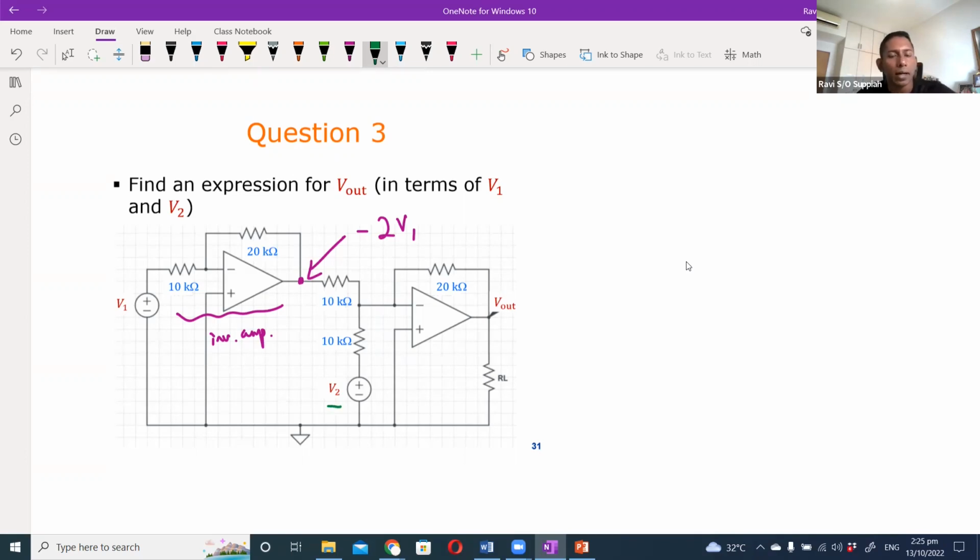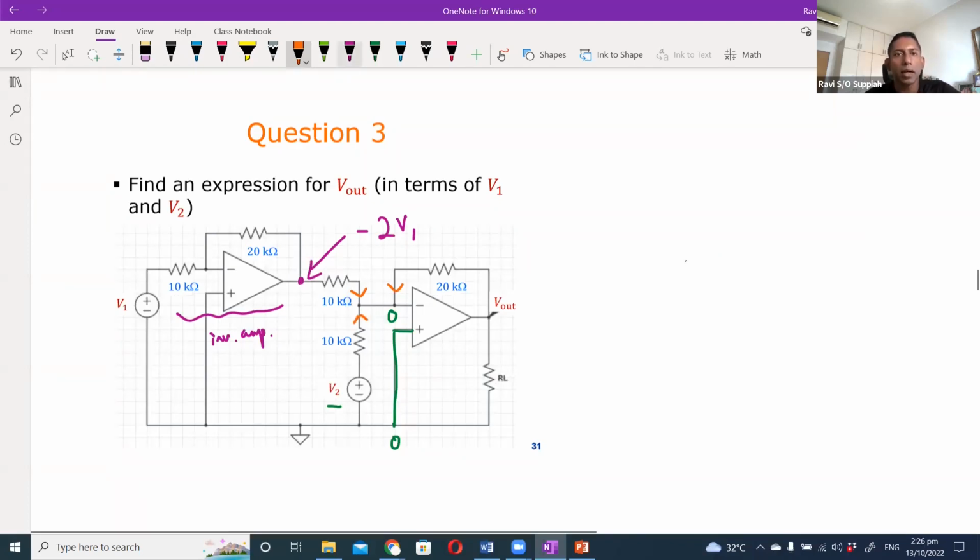To solve this, you can again use the op-amp golden rules. Since the plus is connected to ground, that means this is 0, so here is also 0. With that you can define expressions. I can say the current flowing here, here, and here all add up to 0.